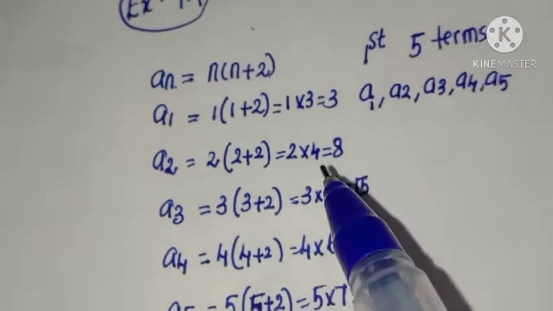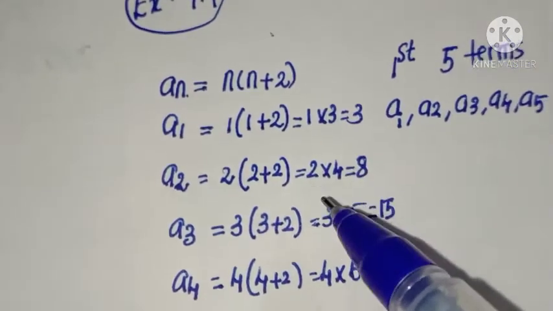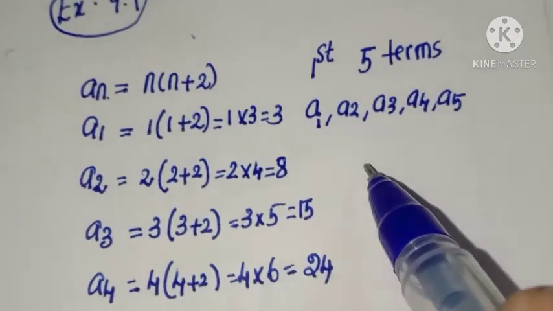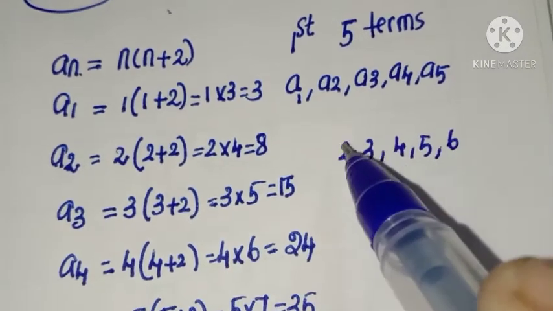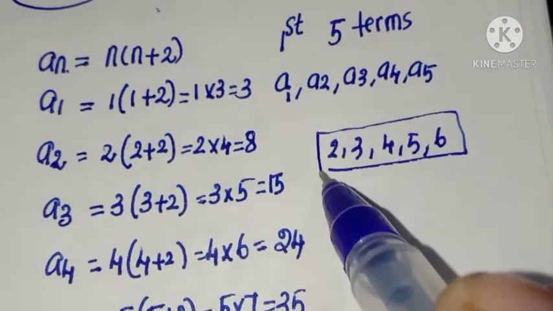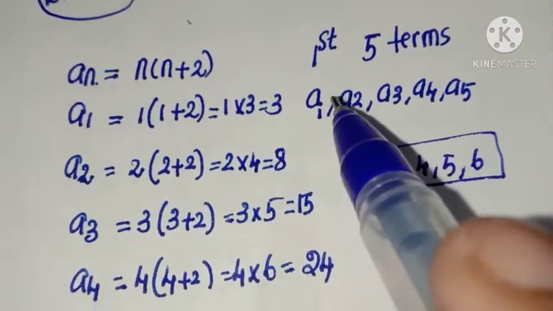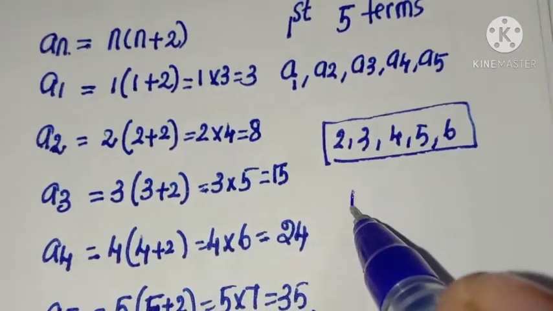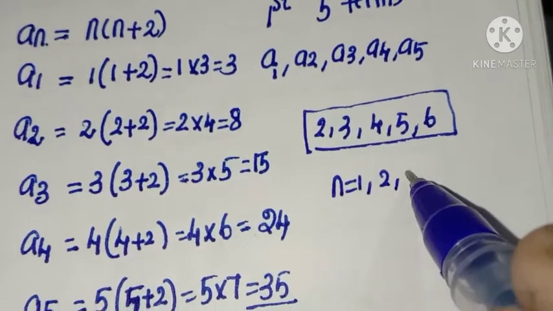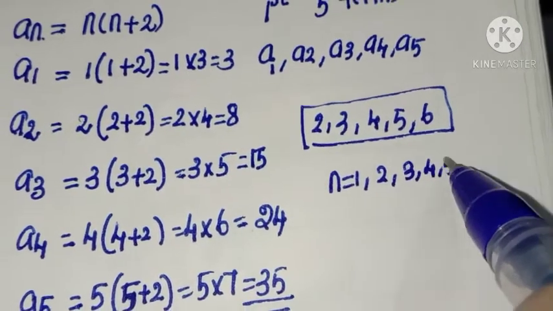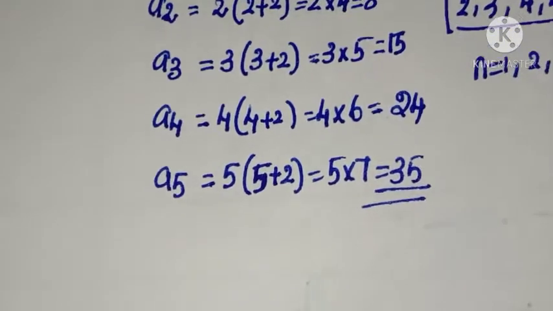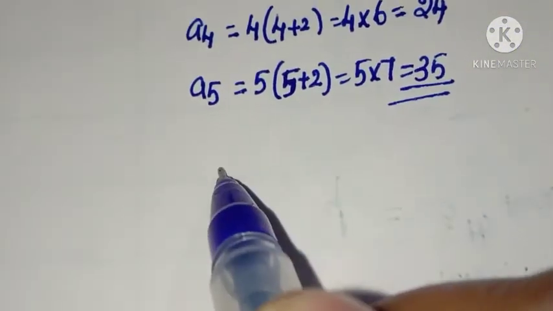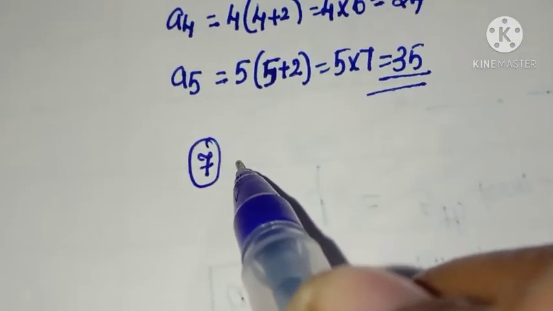So simply put n equal to 1, 2, 3, 4, 5. So question number 2, 3, 4, 5, 6, all these questions are to find the first 5 terms. So simply put n equal to 1, n equal to 2, n equal to 3, n equal to 4, n equal to 5.